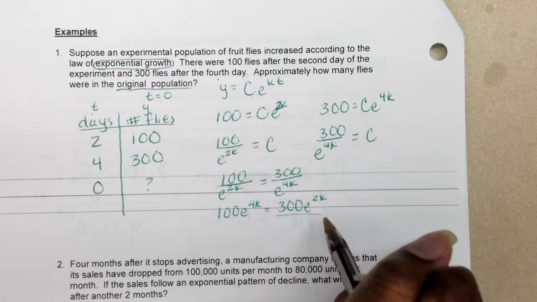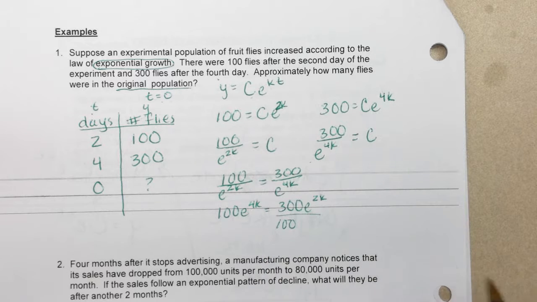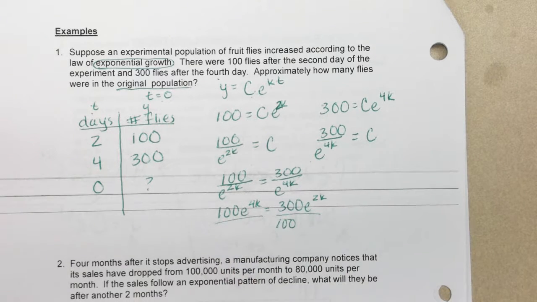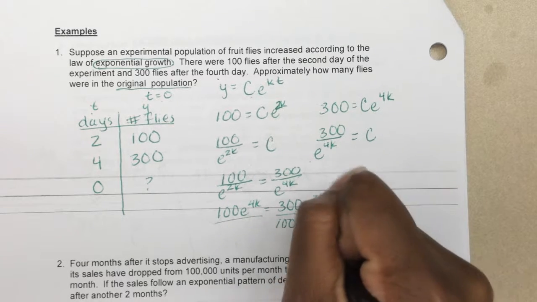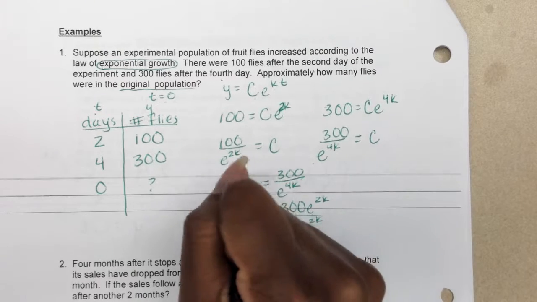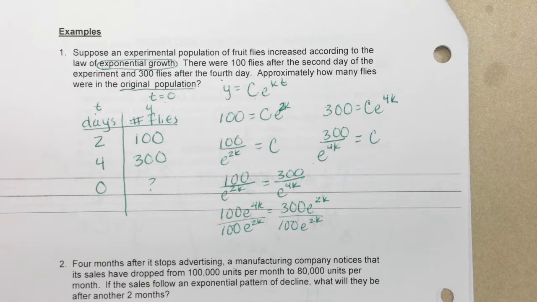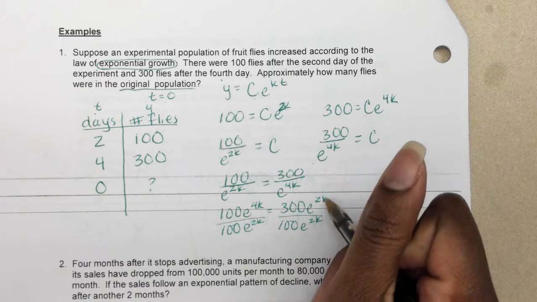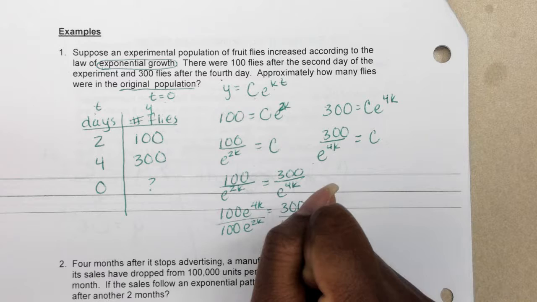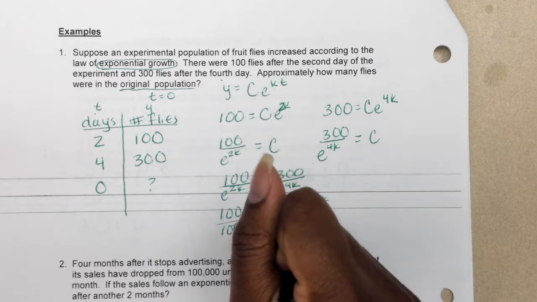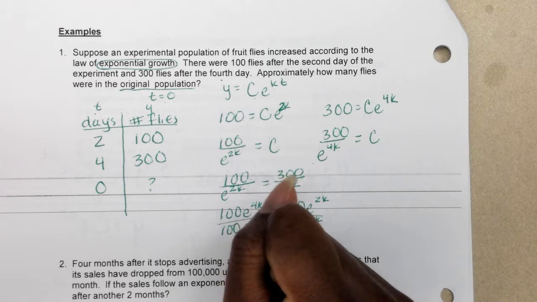And then if we divide both sides by 100 e to the 2k, we'll get that 3 is equal to e to the 2k.